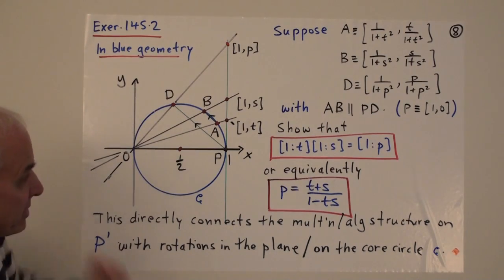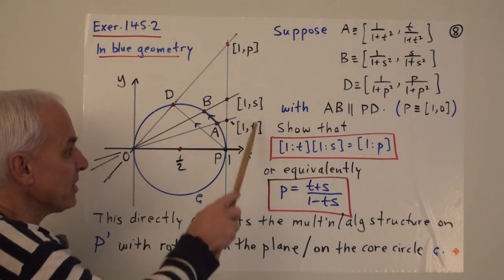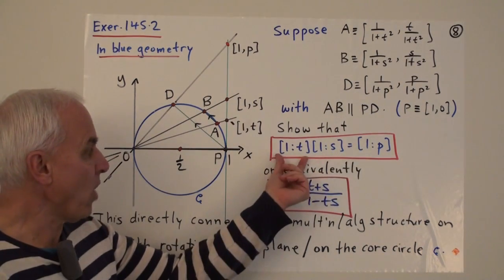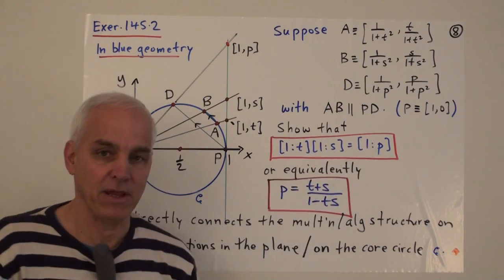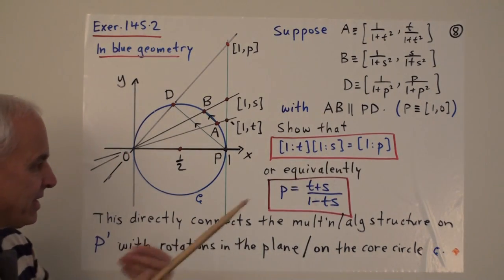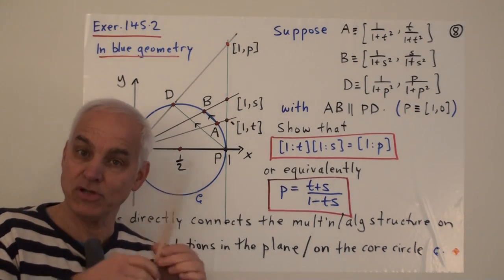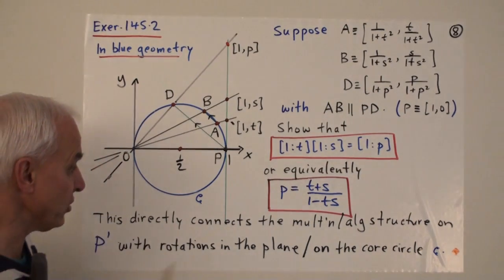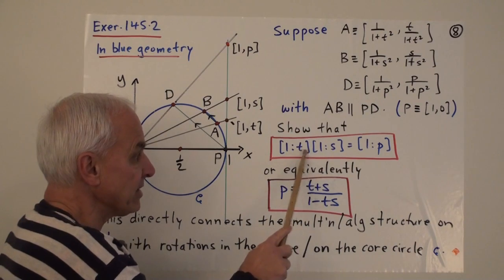Then the claim is that this number p is obtained from t and s through this relation, that 1, t times 1, s equals 1, p. And here I'm using the algebraic structure on the Euclidean projective line that we talked about a few videos back. I remind you that in general that goes, we take this times this minus this times this.